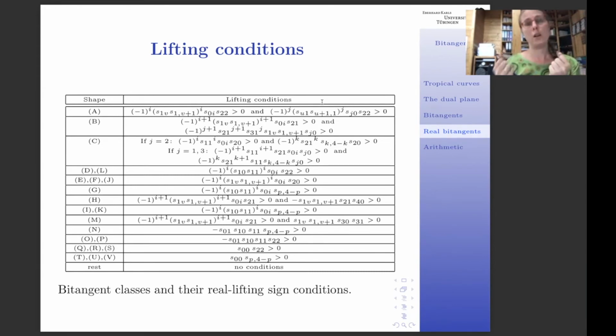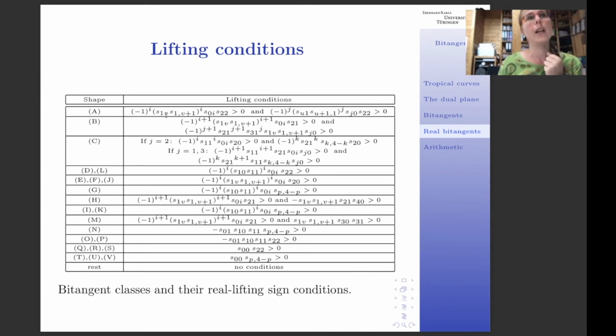It has 4 complex lifts, and of those 4 complex lifts, either everyone is already real or no one is. Okay, and we're giving you inequalities here that decide in which case you are, whether you have 4 lifts. Yeah, and these inequalities we refer to here.